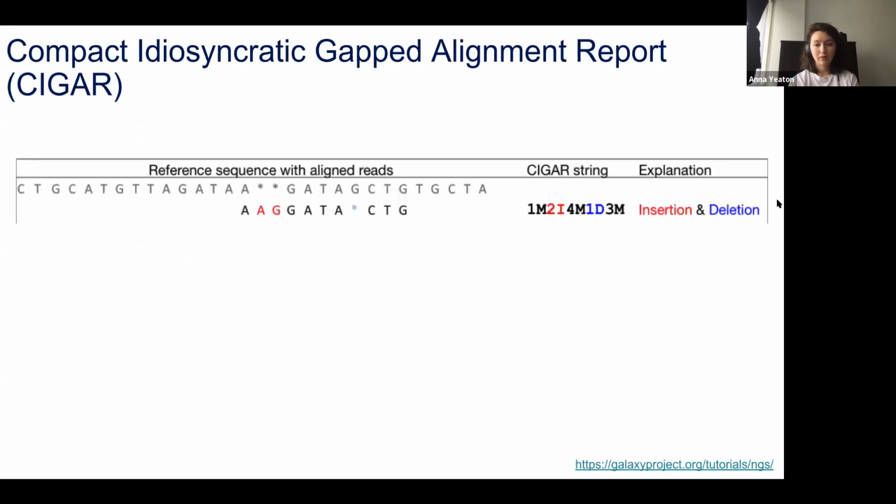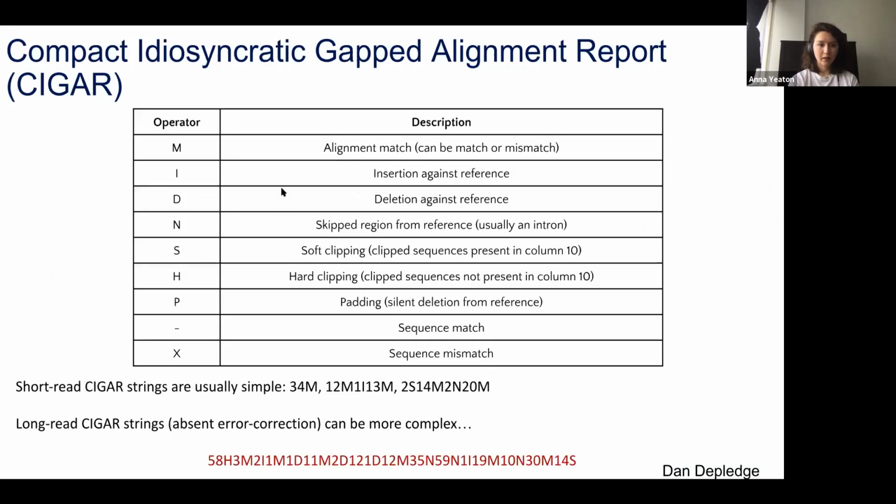So I'm going to show you an example I found from Galaxy. Here is our read, here is the reference. And if we walk through the cigar string, we're just going to look at these first few operators because the last few get more complicated.